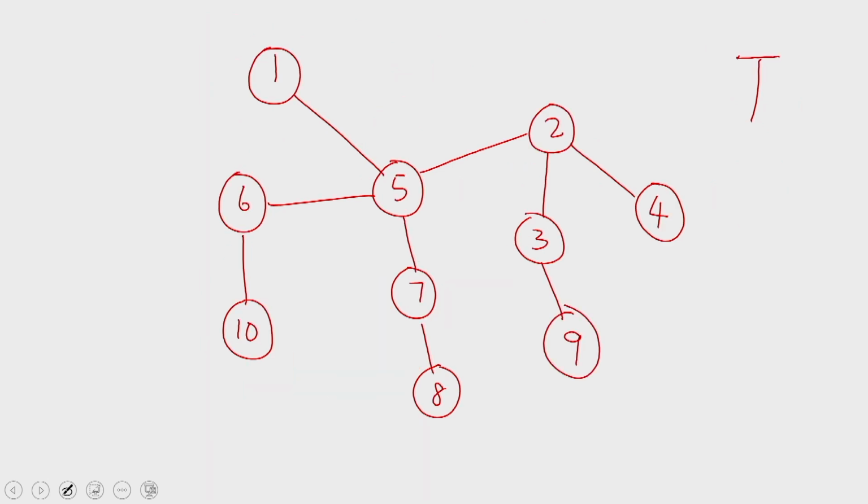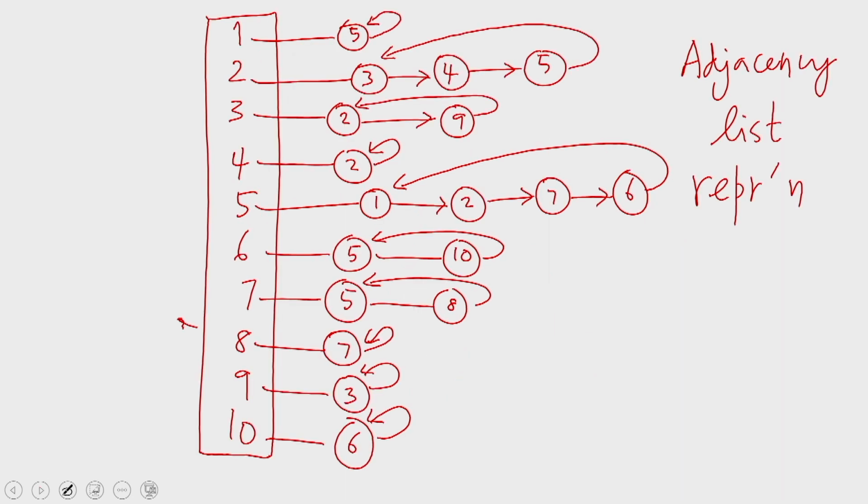When we replace this with 2 directed edges, we have one edge from 2 to 3 and one edge from 3 to 2. So, when you look at the adjacency list of 2, you find that the first entry is 3, which corresponds to a directed edge from 2 to 3. And when we look at the adjacency list of 3, we find that the first entry is 2, which corresponds to the directed edge from 3 to 2. So, the undirected edge between 2 and 3 is replaced by 2 directed edges, from 2 to 3 and 3 to 2 respectively.